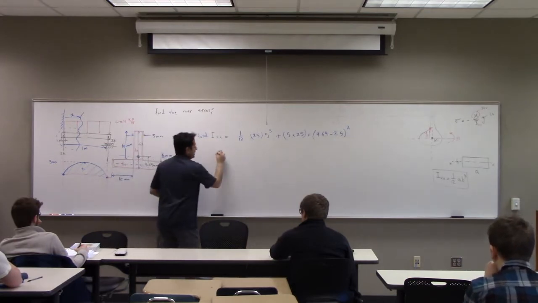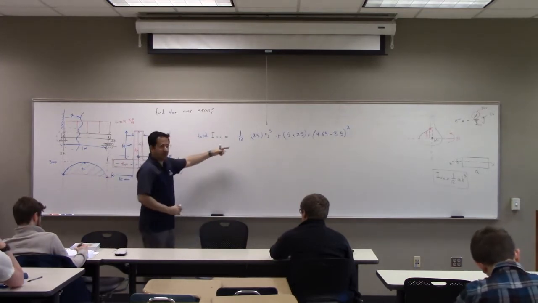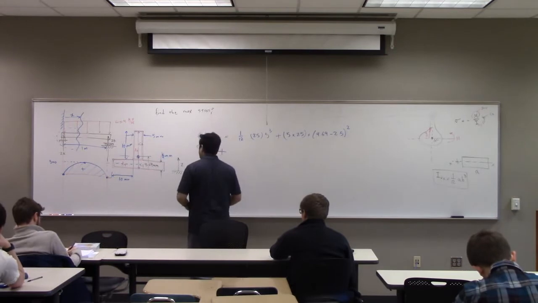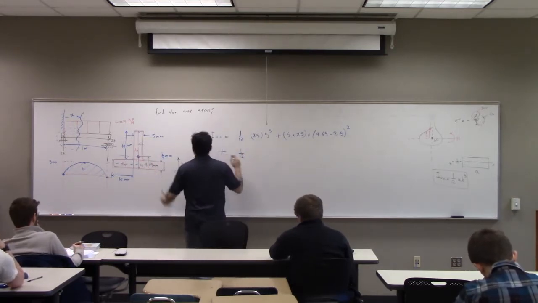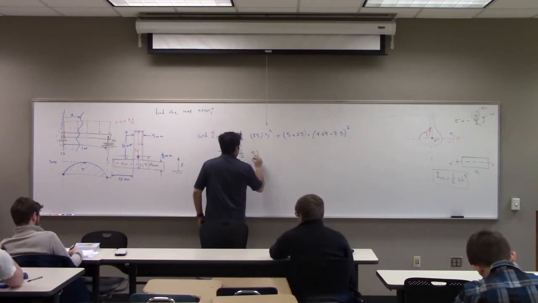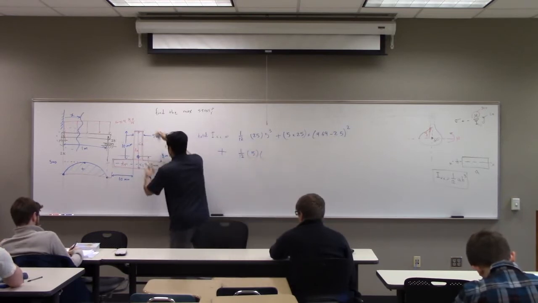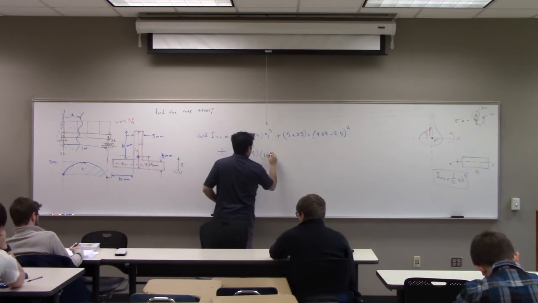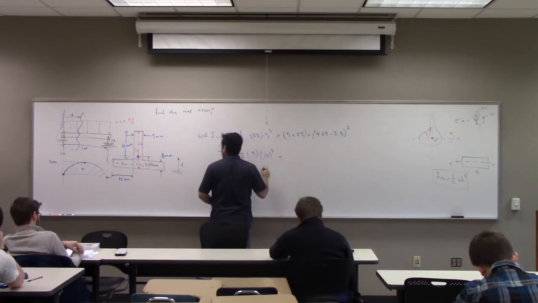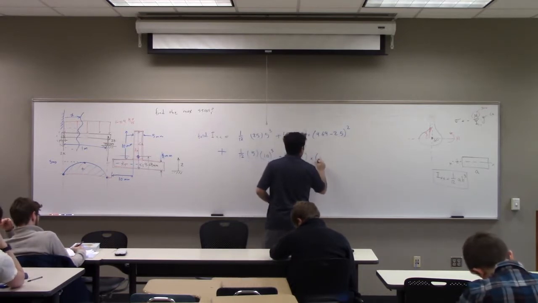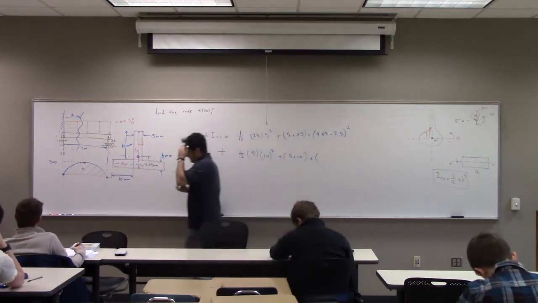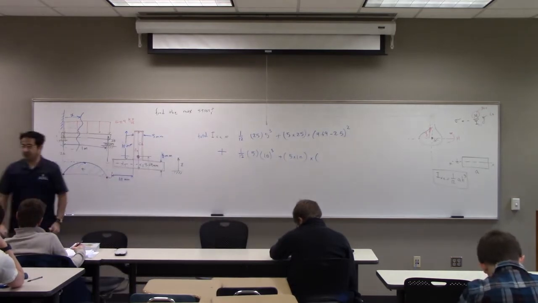Now you go to shape 2, the second line. For shape 2, what do I do? Again, 1/12 times 5 times 10 cubed, plus the area 5 times 10, times distance squared. Now what is that distance?